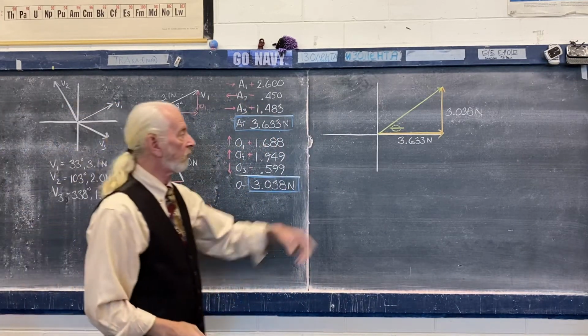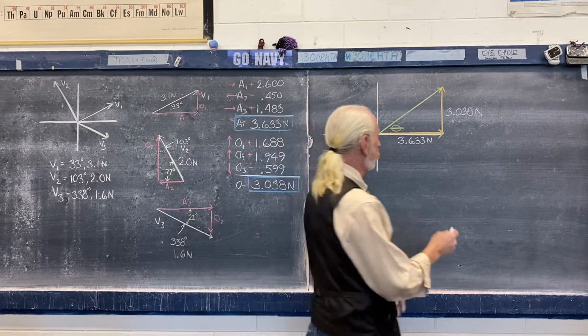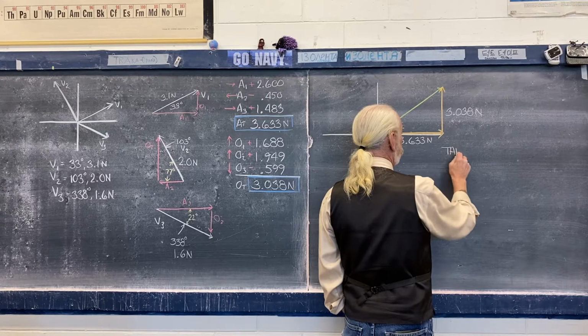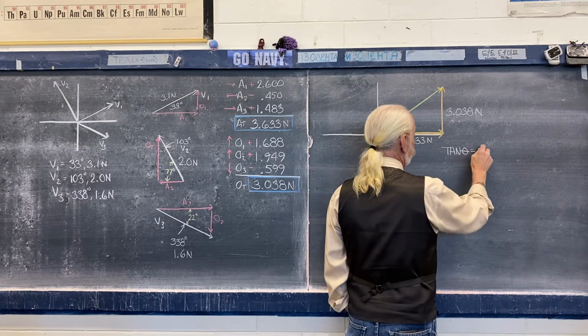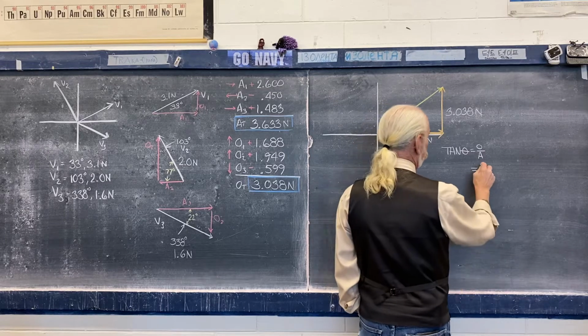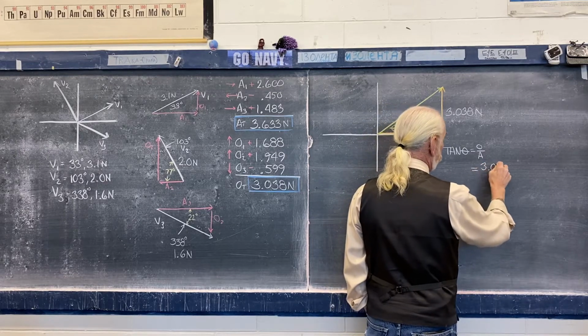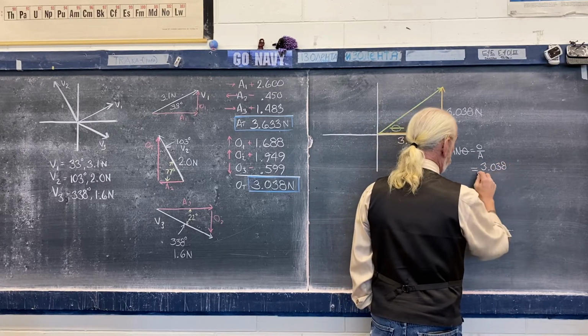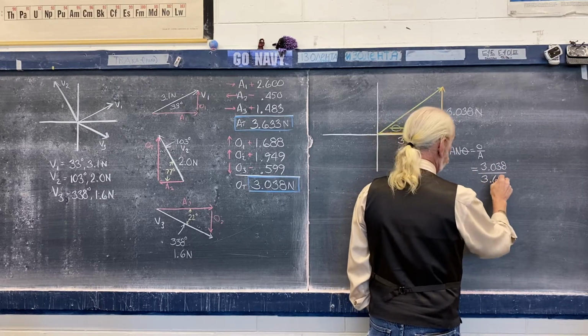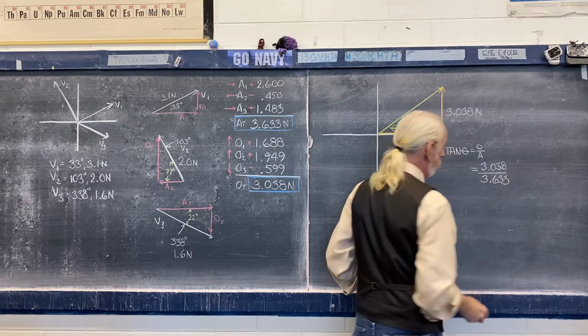So now we have opposite and we have adjacent. That means that we can use tangent to figure out the angle. The tangent of that angle is opposite over adjacent, which is 3.038 over 3.633.